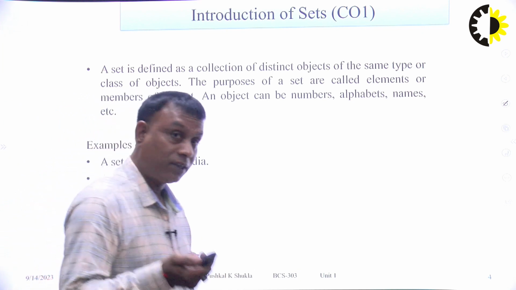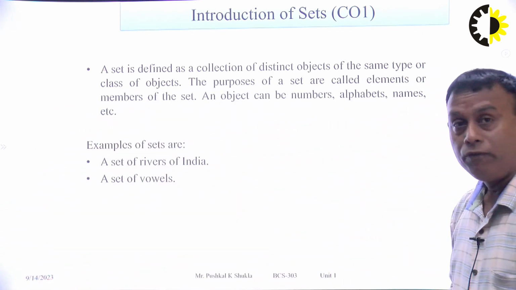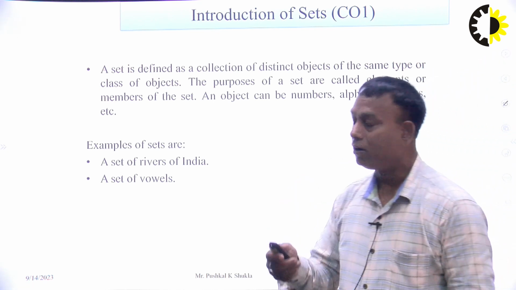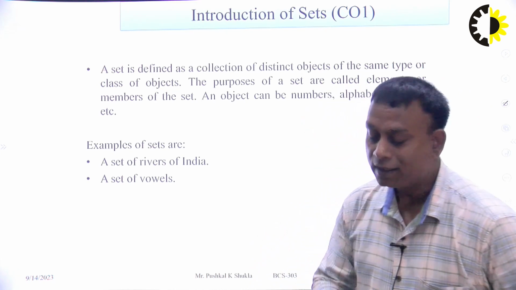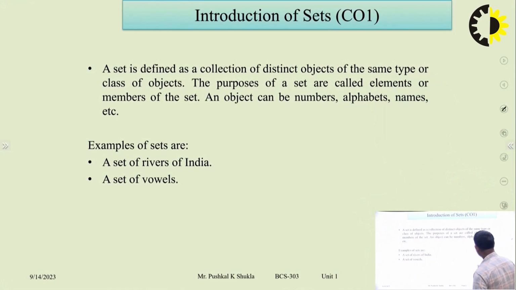Now, what is a set? Basically, a set is a well-defined collection of distinct objects of similar type, same type. Suppose, for example, set of rivers of India.